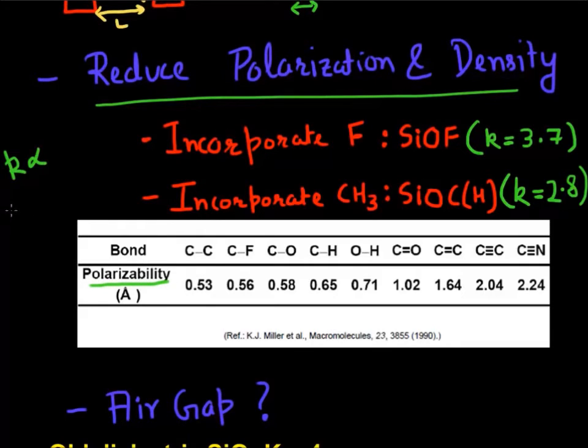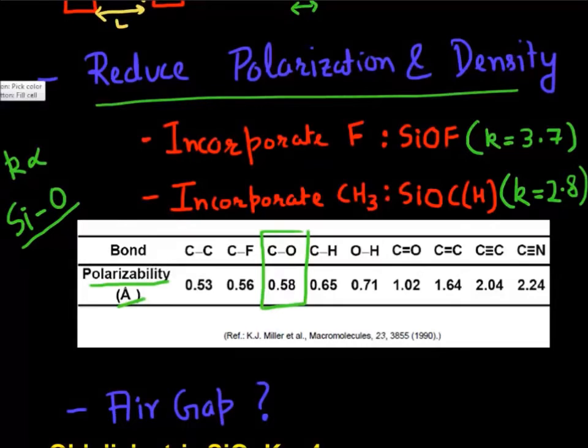The silicon oxygen bond is very polar. One way we can reduce the polarization is by introducing carbon. The carbon oxygen bond has a much lower polarizability, so one way to reduce the K is that people introduce other elements into the silicon oxide. They introduce fluorine, and that gives you some reduction in K. It reduces your K to 3.7.